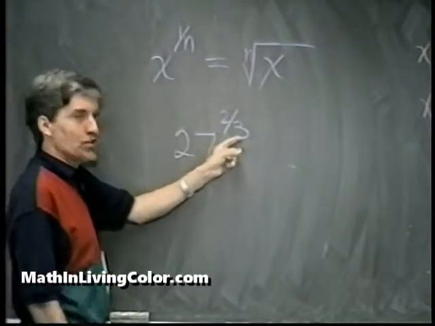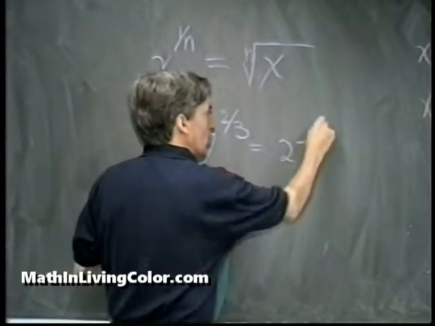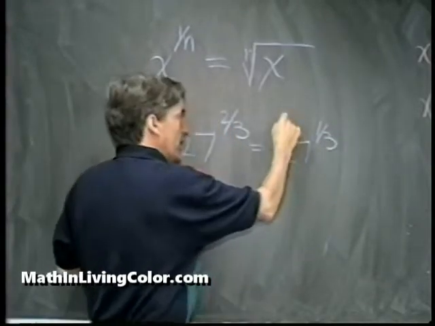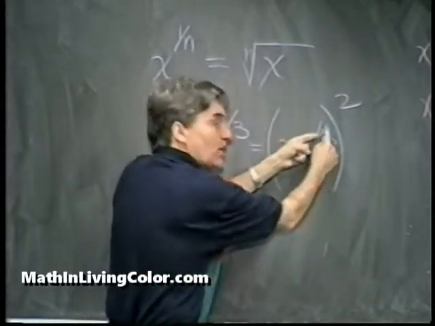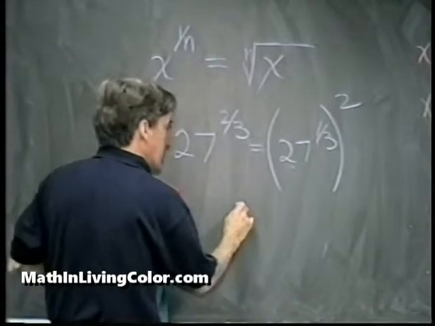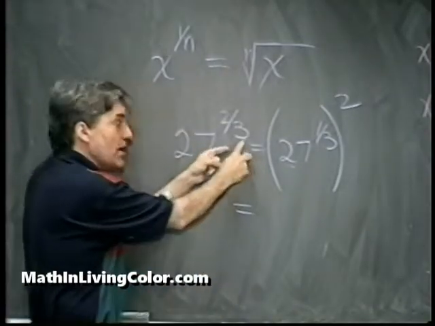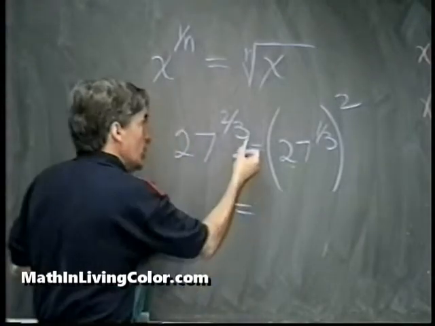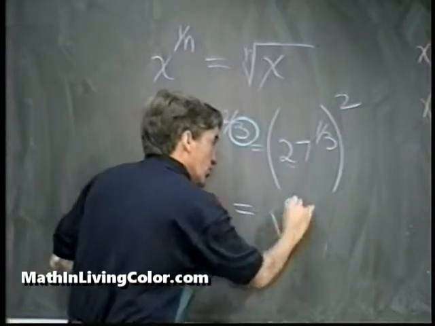The 2/3 power really means to take 27 to the 1/3 power and then square that, you see? Because when you raise a power to a power, you multiply exponents. In other words, if you take 27 to the 2/3 power, the 3 gives you the denominator, and that becomes the root.